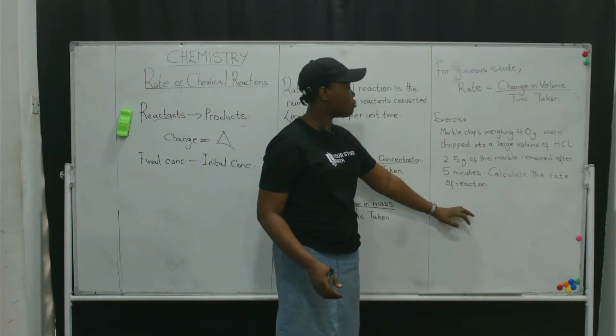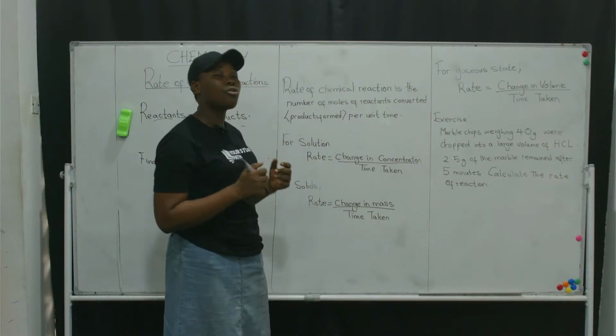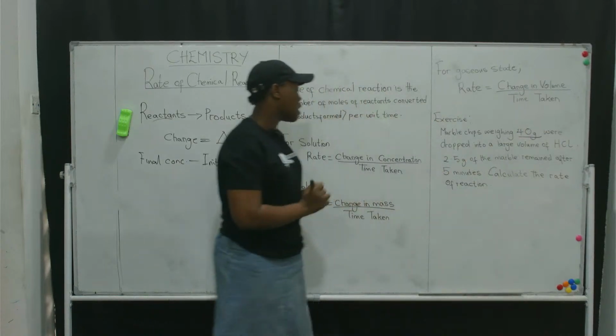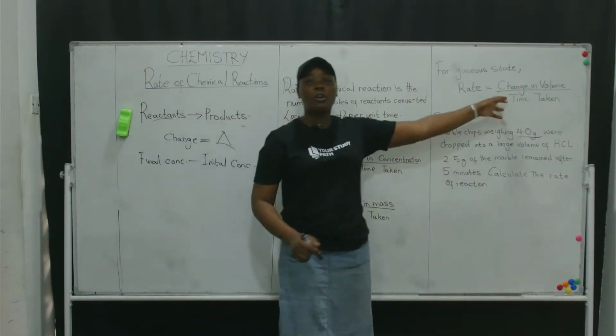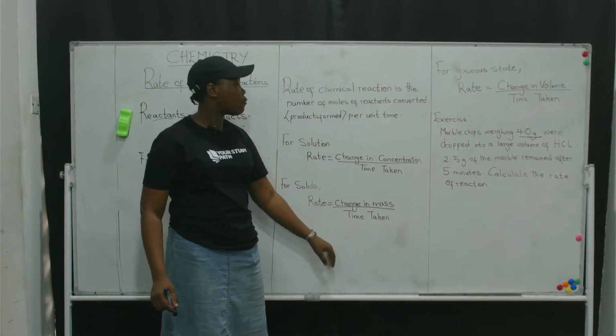Let's try this calculation question. Marble chips weighing 4.0 gram. Hearing 4.0 gram, what does it correspond with? Concentration, mass, or volume? Definitely mass. And so we'll be working with this formula.